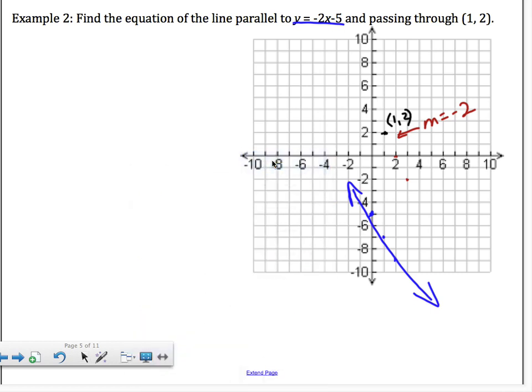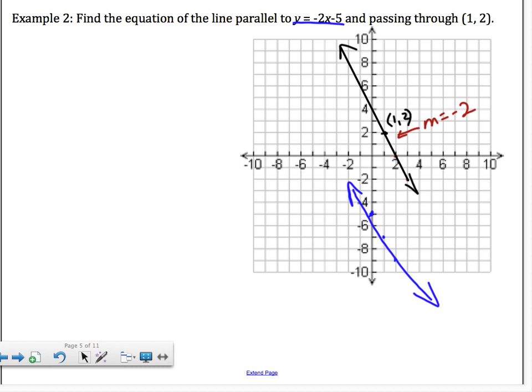Alright, I'm going to draw a straight line from here, passing through there. Okay, the question wasn't draw the equation, draw the line that's parallel to it.